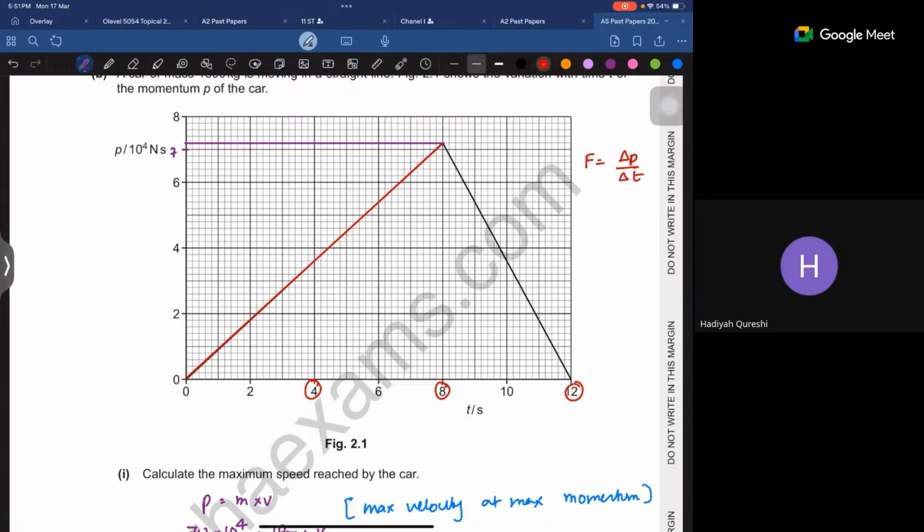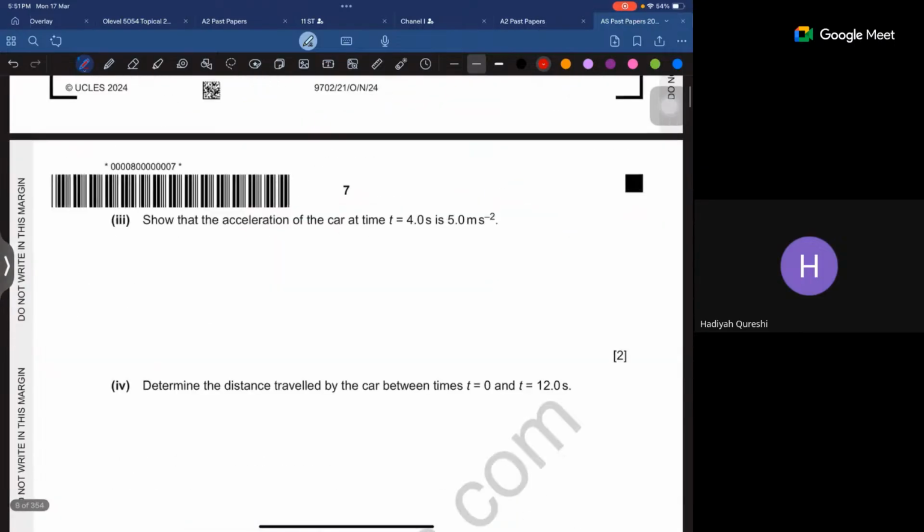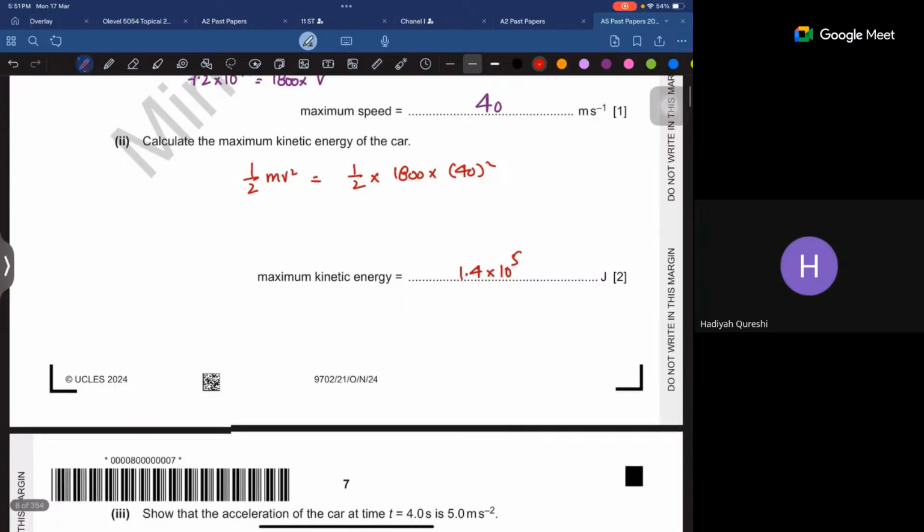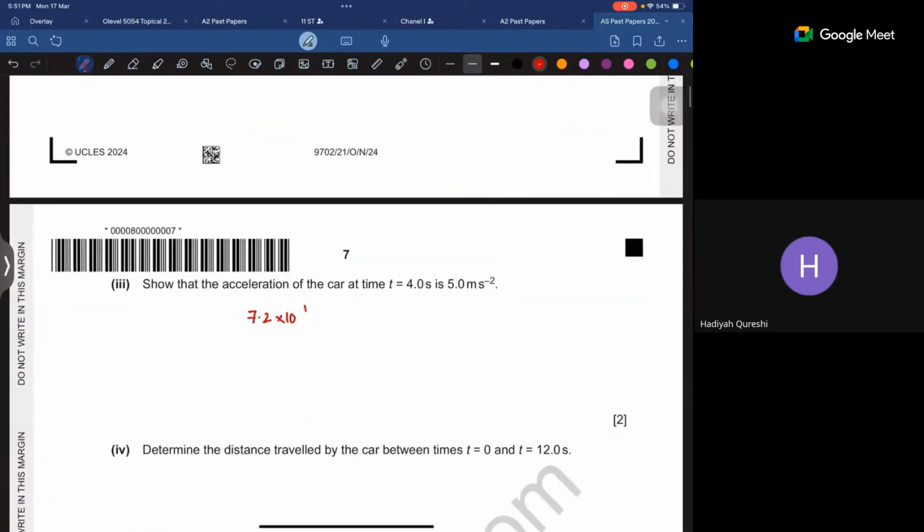You can take 7.2 and 8. So I'm going to use 7.2 times 10 raised to power 4 minus 0, divided by 8 minus 0. This is the gradient, which is equal to force, because it is change in momentum over change in time.